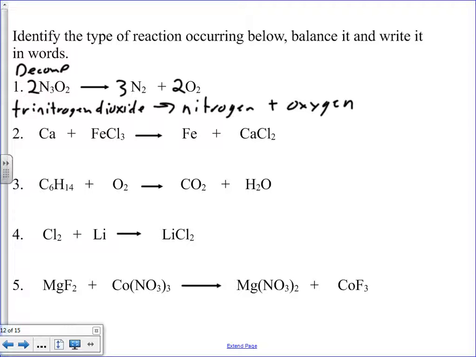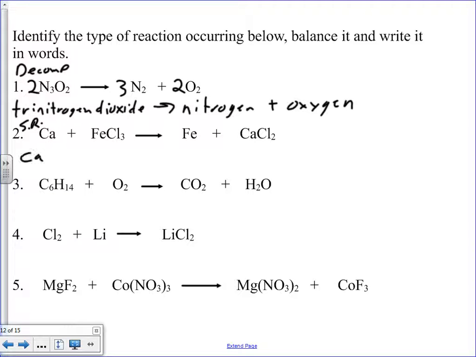Okay, in number 2, I have an element reacting with an ionic compound, forming a new element and a different ionic compound. What kind of reaction is that? Peter? Single replacement. All right, so SR, single replacement reaction.